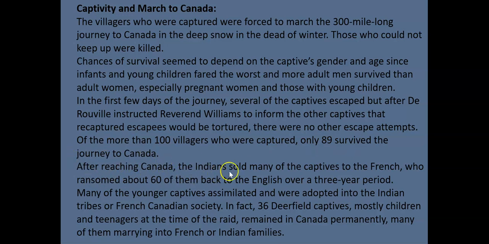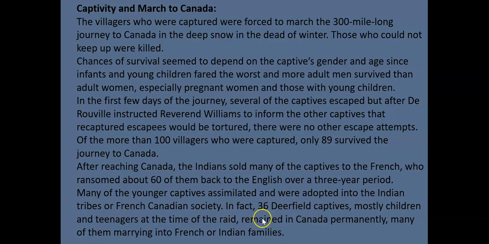After they reached Canada, the Indians sold a lot of those captives to the French. The French sold 60 of those Deerfield people back to the English over that 3-year period of time when John Sheldon wore his snowshoes to be buying them back. Many of the younger captives assimilated and were adopted into Indian tribes or French Canadian society.